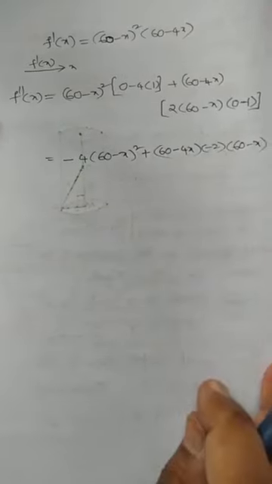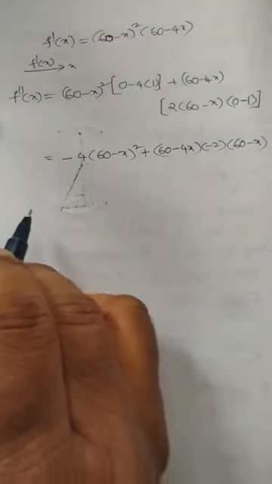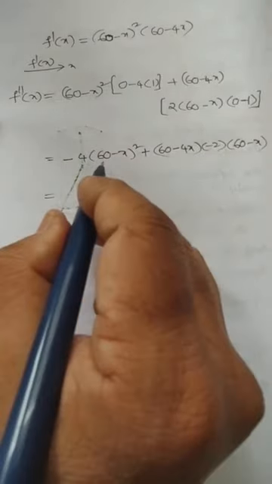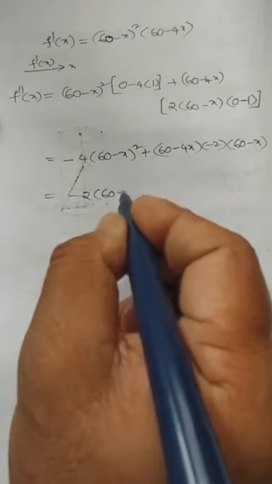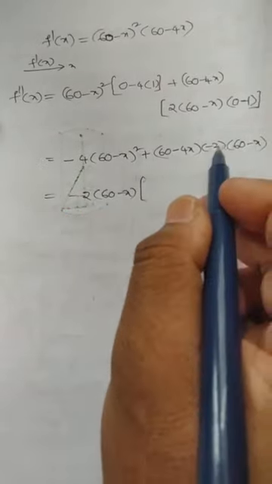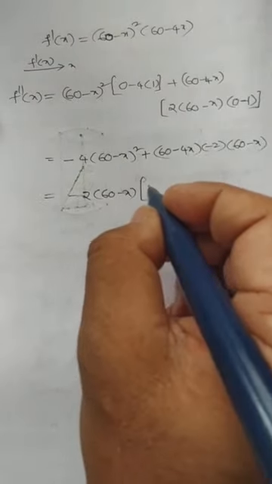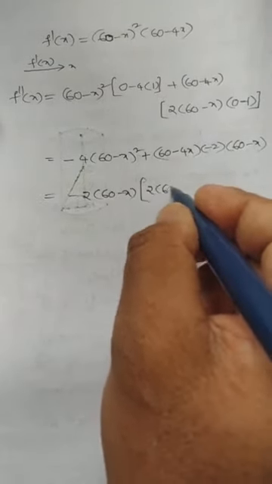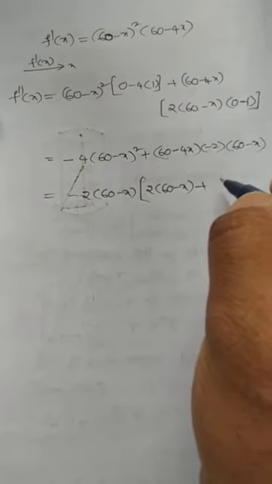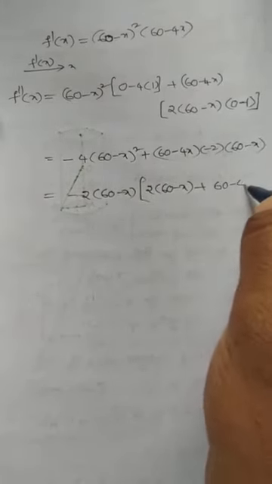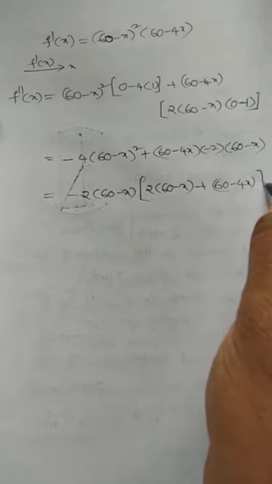Do you follow? So ultimately minus 2 into (60 minus x) is the common term in each. So what you are getting is 2 into (60 minus x) plus 60 minus 4x. Clear?